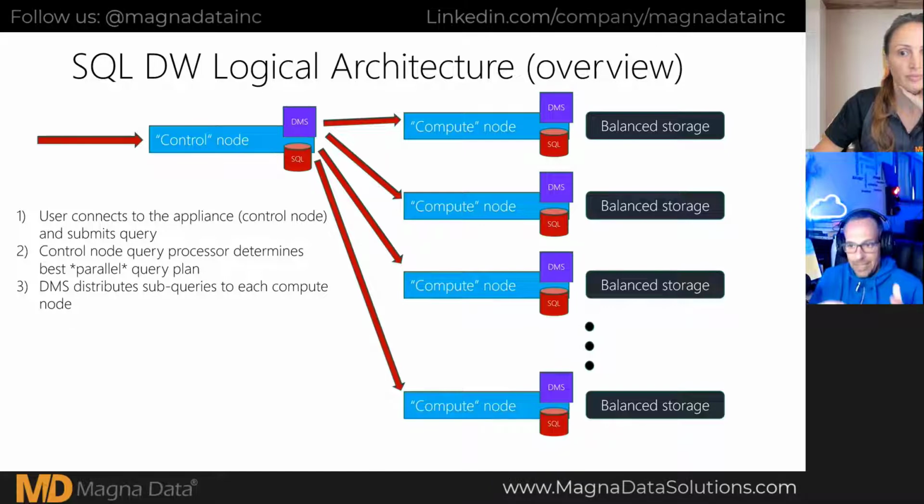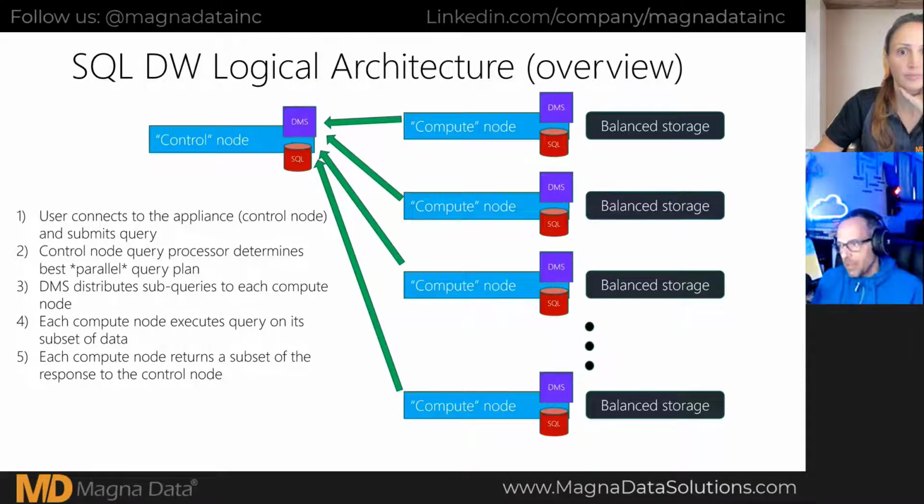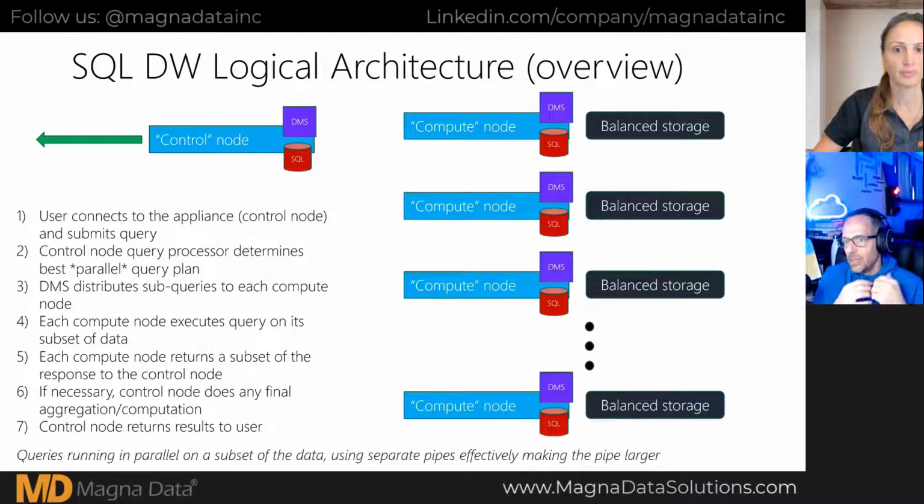If we have 60 nodes, each compute node receives a query plan, a subquery, just to be able to solve a small problem related to the query received from the control node. Each compute node at this time executes the query with the data that it has, and returns the subset of the result to the control node, which creates a single result to answer the statement that the user has submitted to the Synapse SQL dedicated pool.